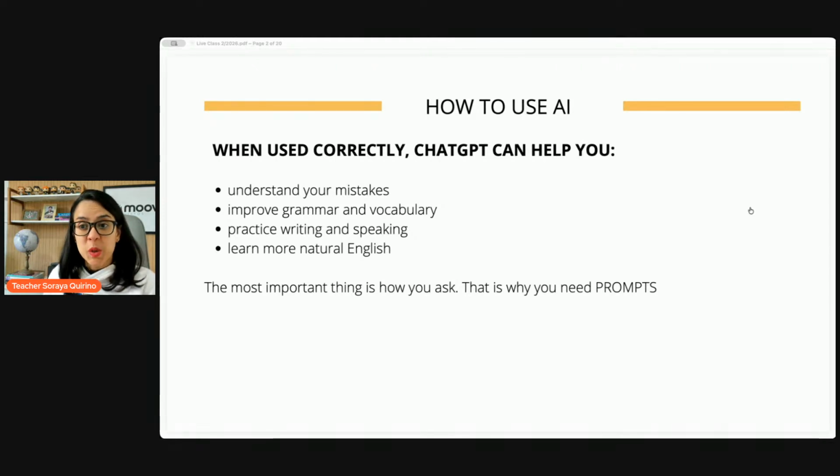And I'm going to show you how you can use that for speaking. And of course, to learn more natural English. So sometimes we non-native speakers have problems sounding natural in some situations, even when you're an advanced speaker or a fluent speaker.